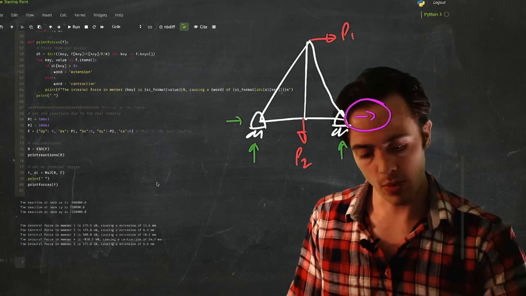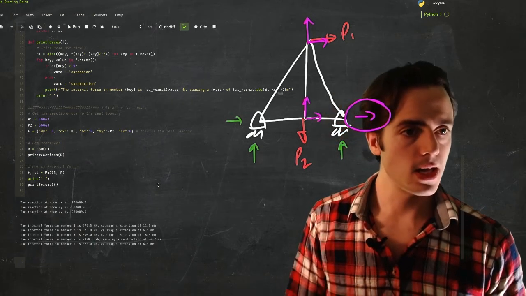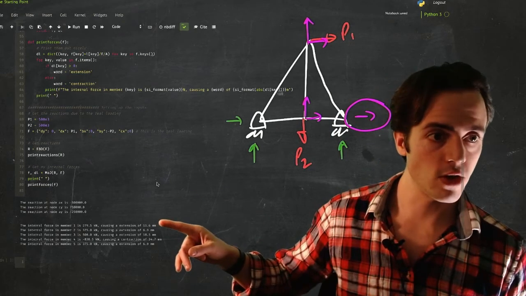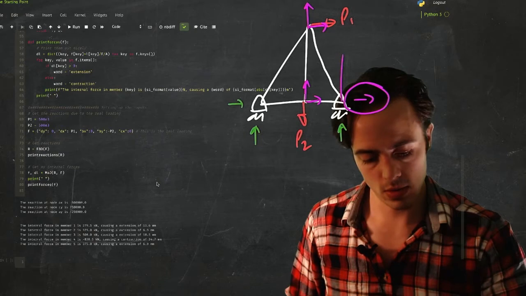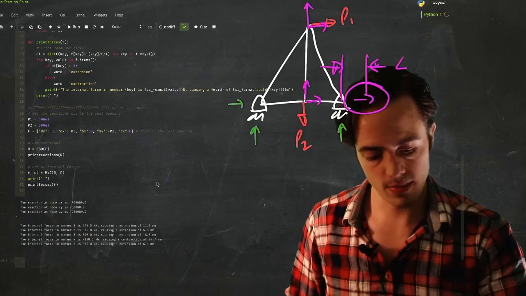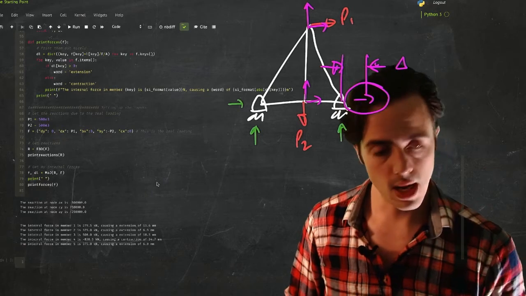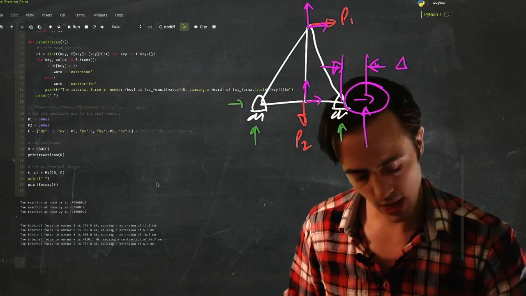And so what we've already got, we've got these 5 placeholder forces. The way that we're going to do that is we're going to use the virtual work method. So we're going to determine this displacement, delta here, by applying a virtual force of 1 Newton here.